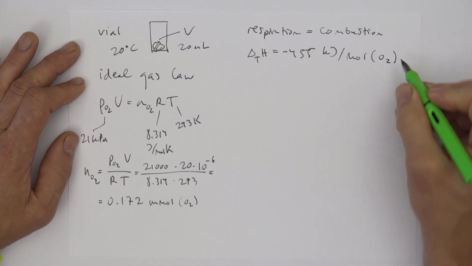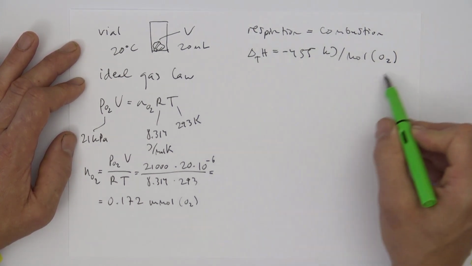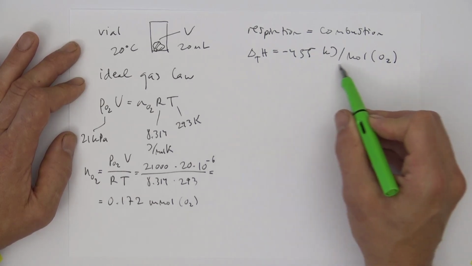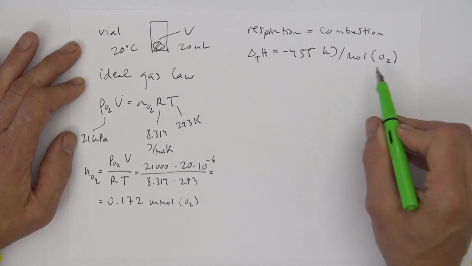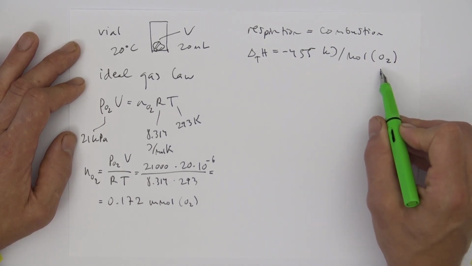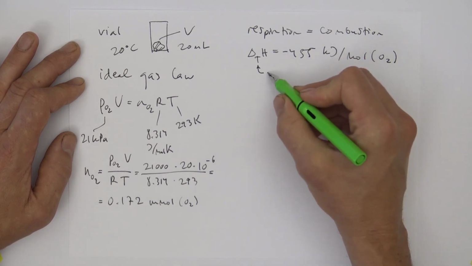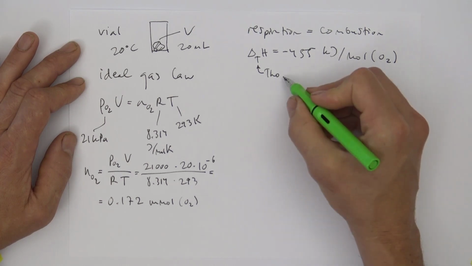Nearly all organic compounds, when they are combusted in oxygen, will give approximately this heat per mole oxygen that is consumed. The T here is my nomenclature, but I like to acknowledge the originator of this, Thornton.